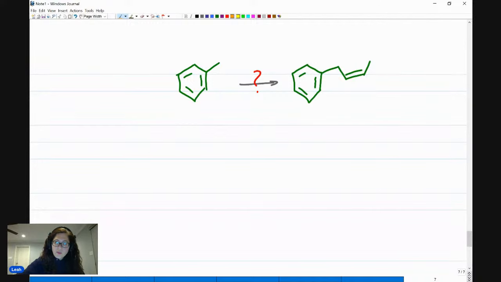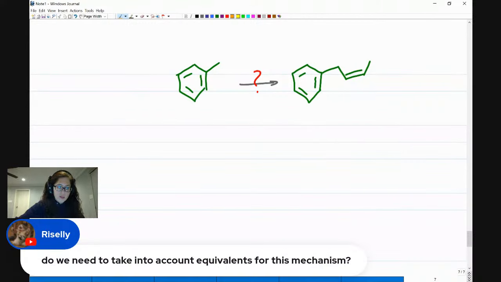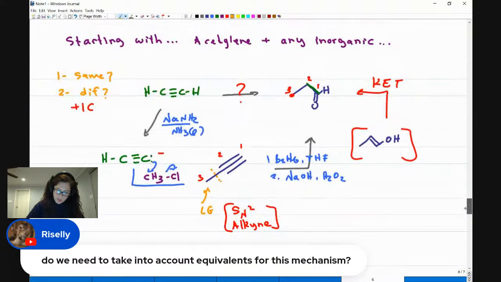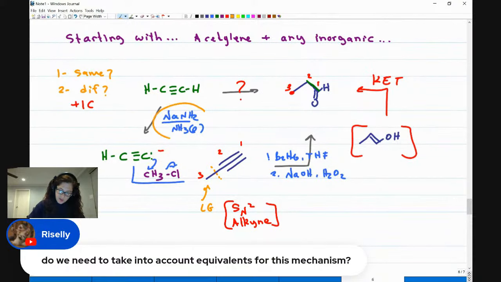Question, do we need to take into account equivalence for this mechanism? Yes, if your professor asks for it. So you're asking about this one. Just one equivalent to deprotonate, one equivalent to add. No, this is all one equivalent, so we don't have to.